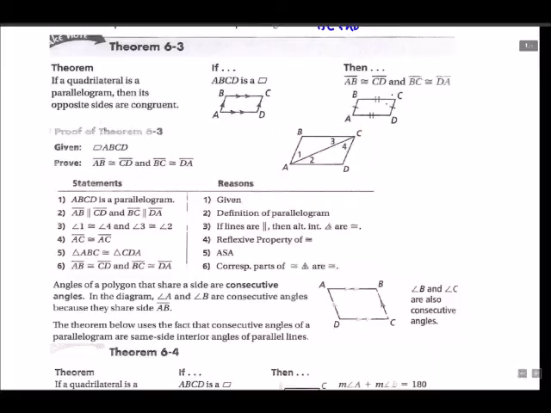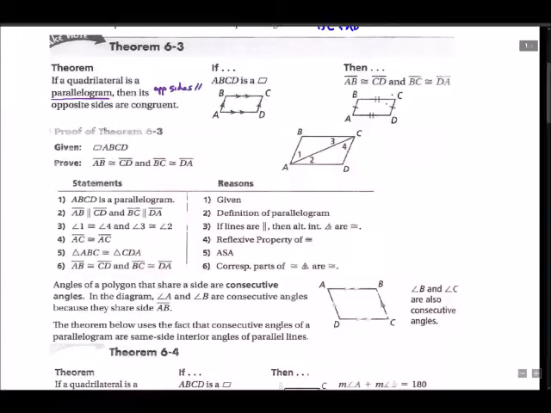Here's our first theorem. Now, none of these are named, but they are really easy to write, so it's no big deal on these. Some of these are shorter to write than some of the ones that have actual names. So this says if a quadrilateral is a parallelogram, and what does a parallelogram mean? Opposite sides are parallel.